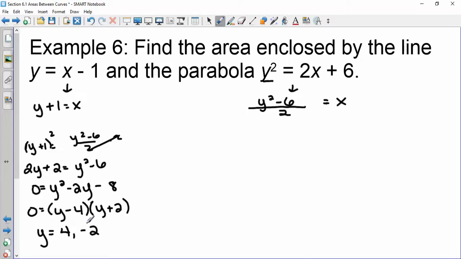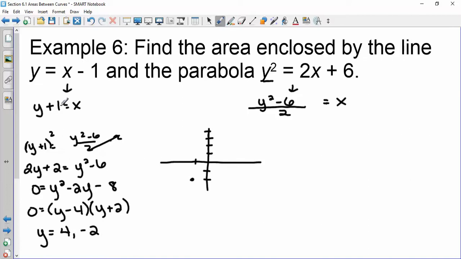So this is different than the others because we're used to having x equals here. If we looked at our graph, we're going to be going between negative 2 and positive 4. Okay, if you plug negative 2 in for the y here, we get negative 1. So we have point negative 1, negative 2.